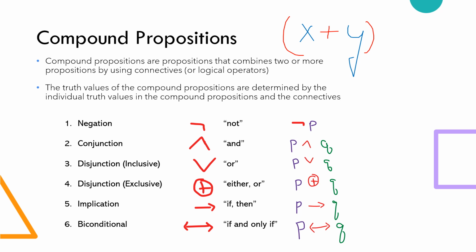So for example, if I have P and Q and I negate that, and the whole thing is an implication to Q. It might seem like a lot, but bear with me. We will start talking about each one of these compound propositions in detail.